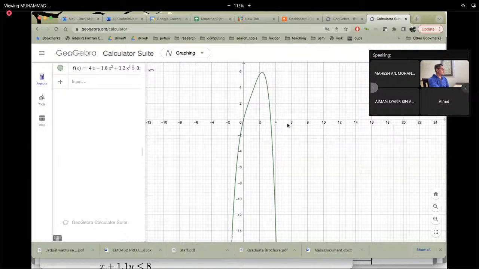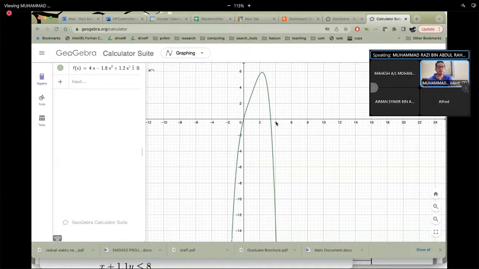This upper limit should be +4. It should be from -2 to +4.